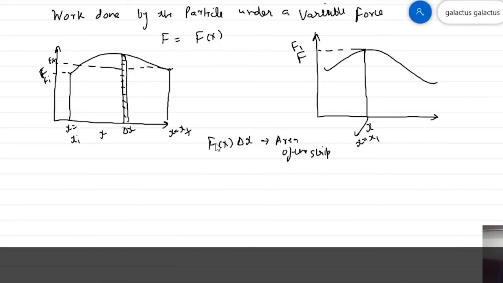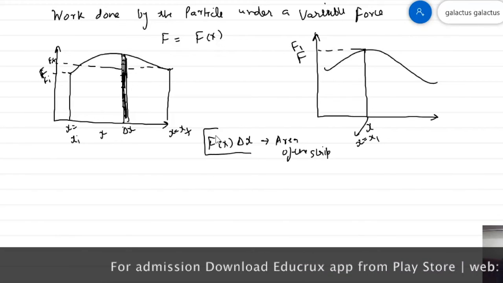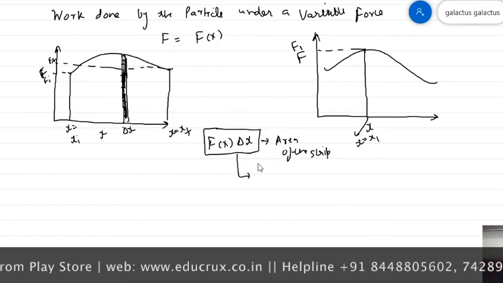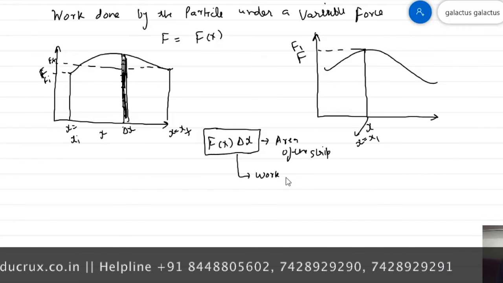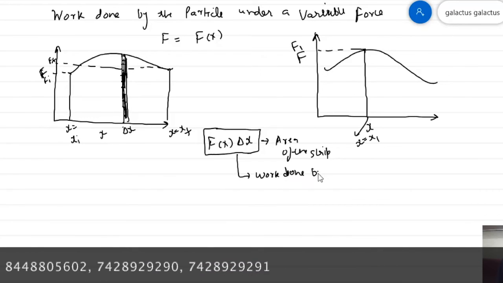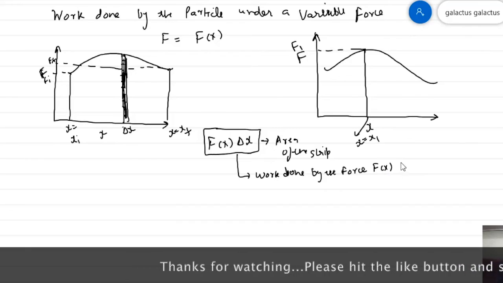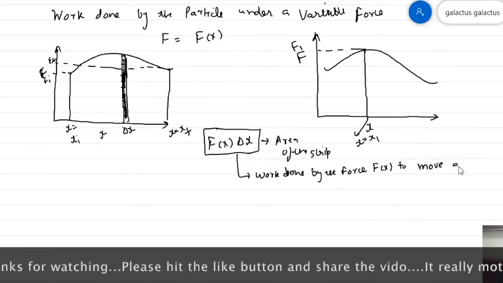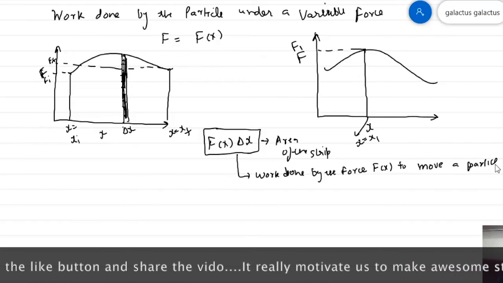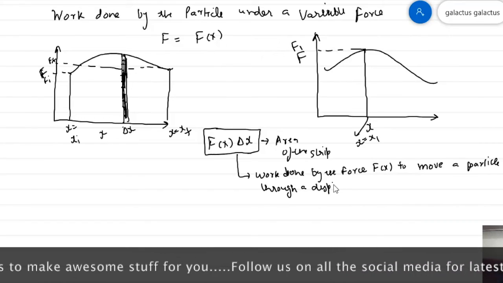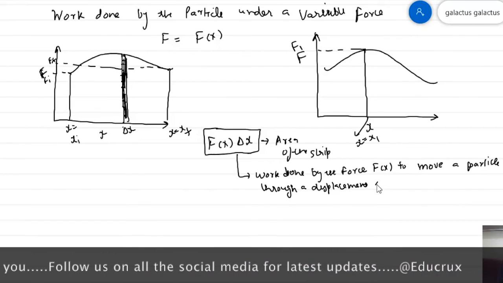We can also understand this quantity like this: F(x) delta x represents the work done by the force F(x) to move a particle through a displacement delta x.